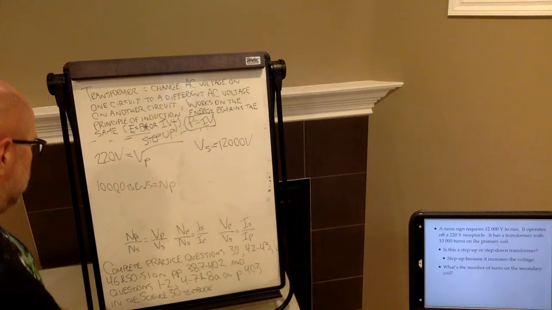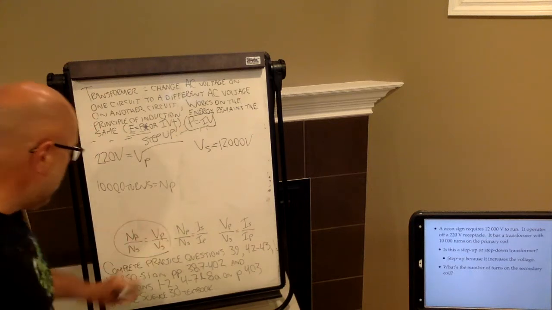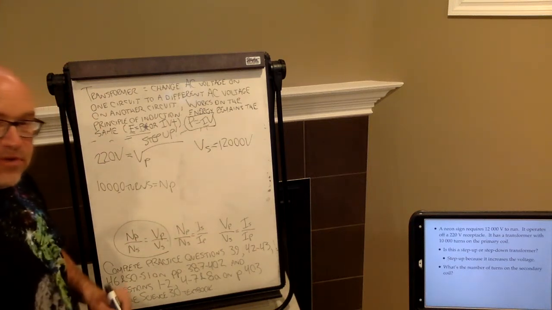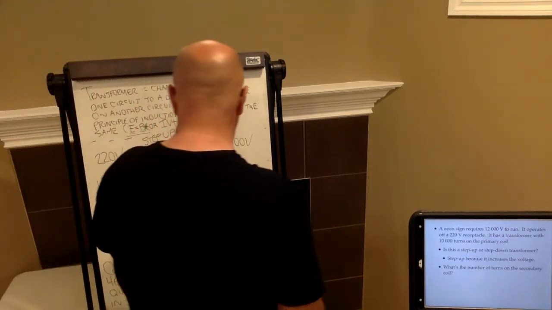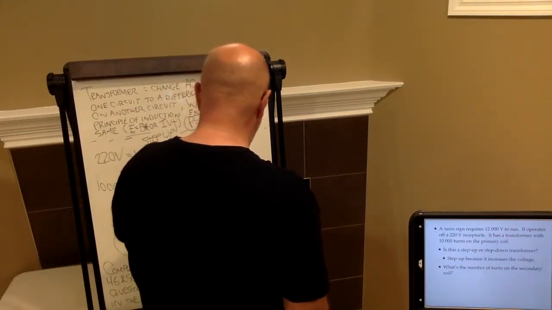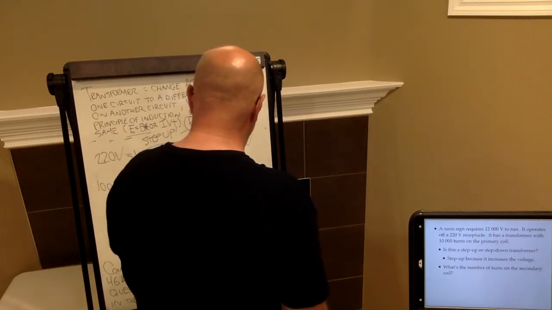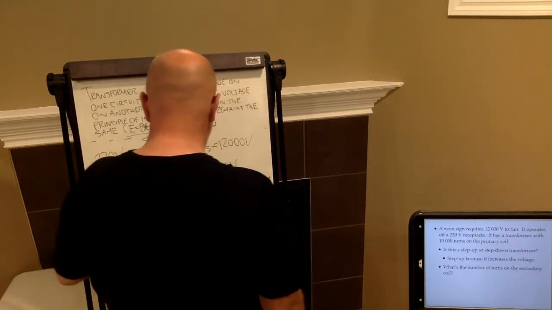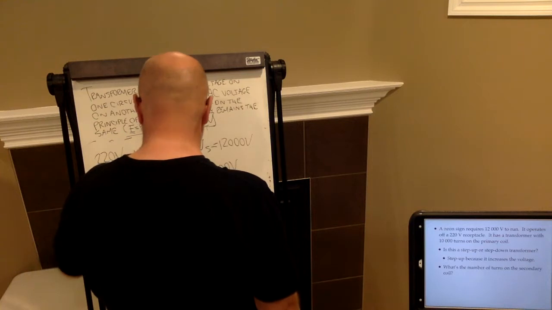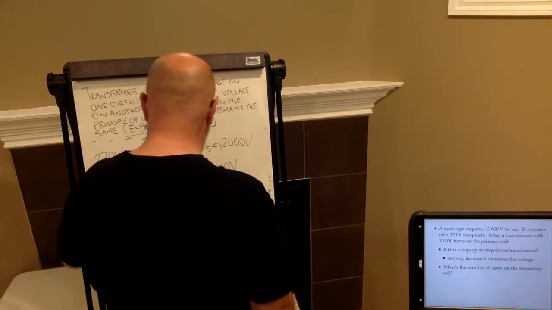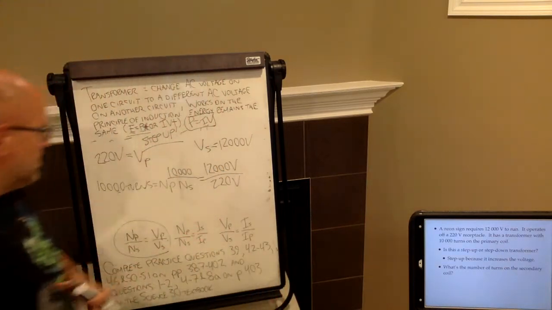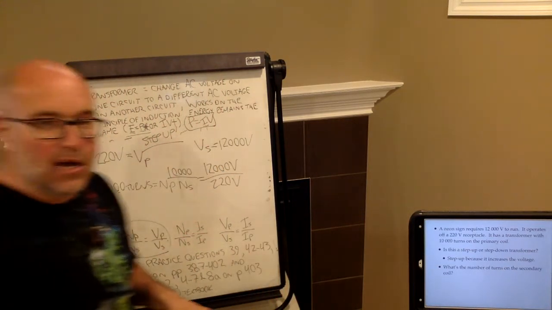So I'm going to plug this into my equation right here. NP over NS equals VP over VS. So I'm going to do this: 12,000 volts over 220 volts is going to be equal to 10,000 turns divided by the number of coils on the secondary coil.